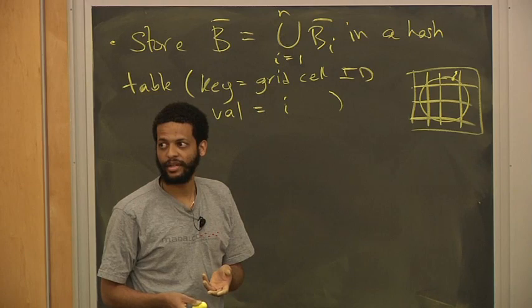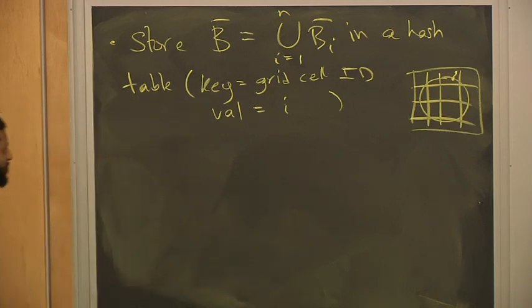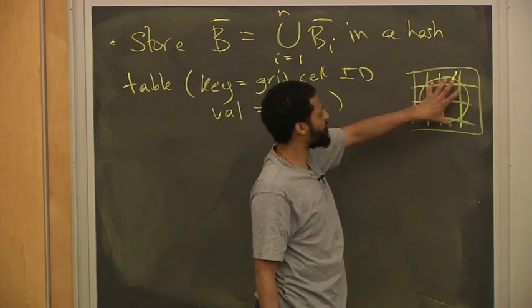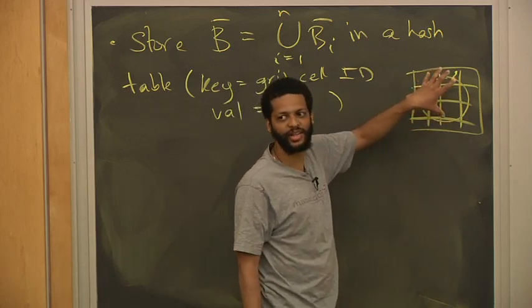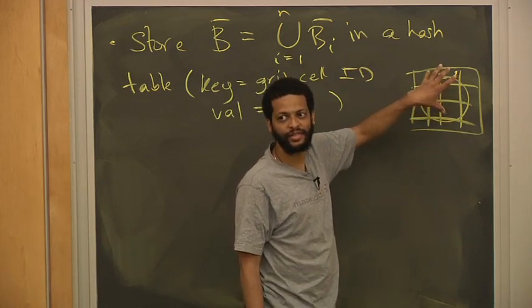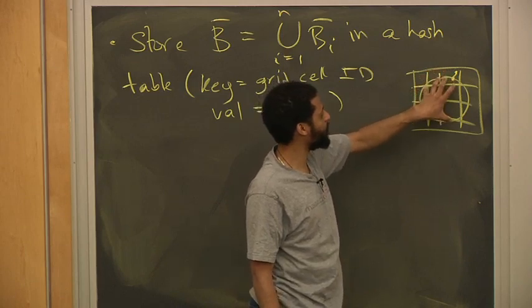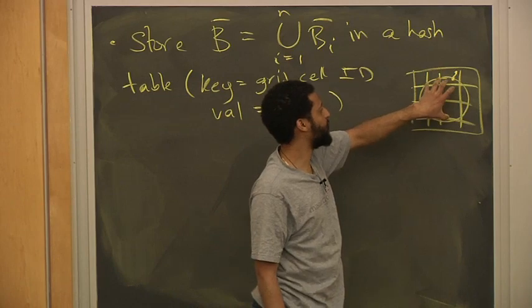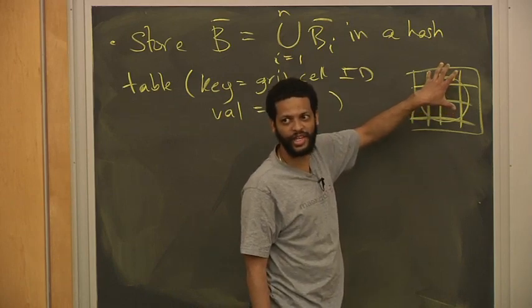The question is just how many grid cells can this ball touch. Notice that if you blew up this ball to not be radius 1, but radius 1 plus epsilon, it would contain every grid cell that it intersected.